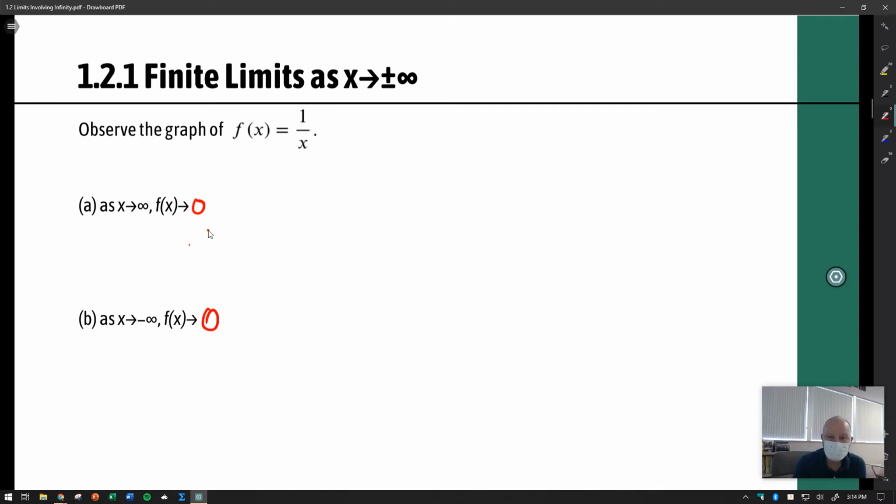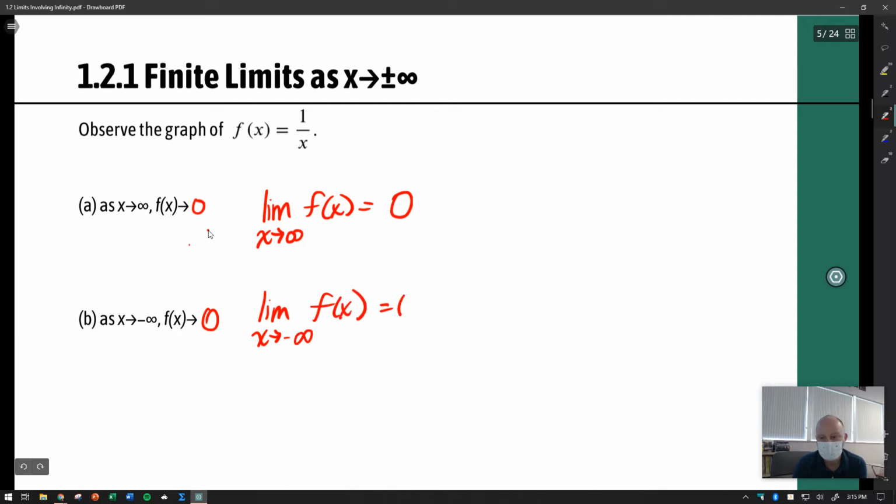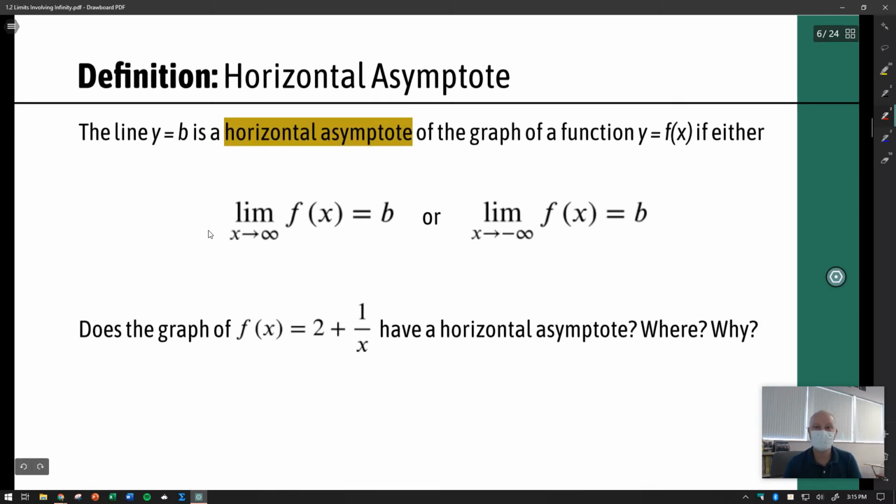And what we say here then is the limit as x goes toward infinity of this function f of x is 0. And likewise, the limit as x approaches negative infinity of this function is also 0. So when a function flattens out like this, we are finding something new about the function, a characteristic called a horizontal asymptote.